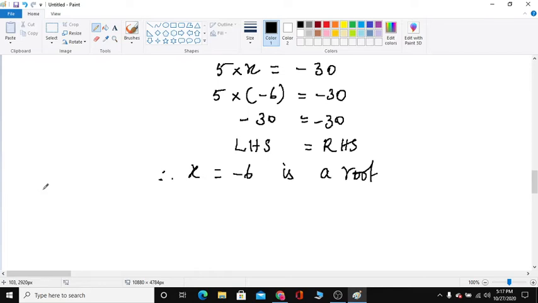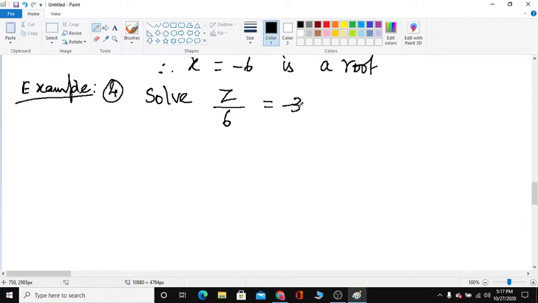Solve z by 6 is equal to minus 3. Now here, what is in the left hand side? z by 6. Fraction form is there in the left hand side. Right hand side, minus 3.